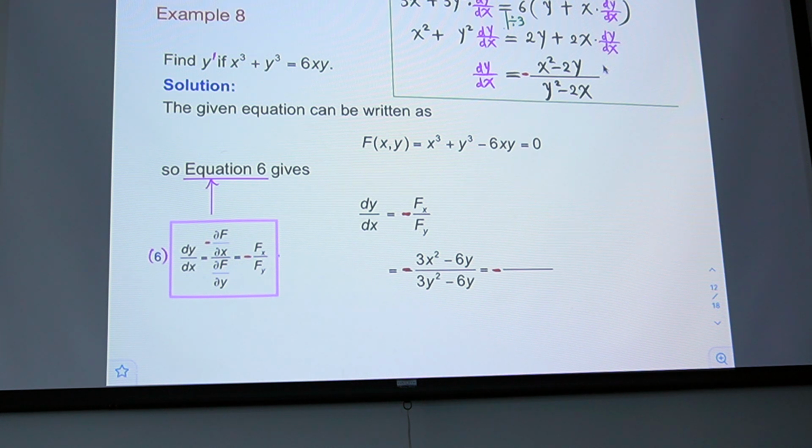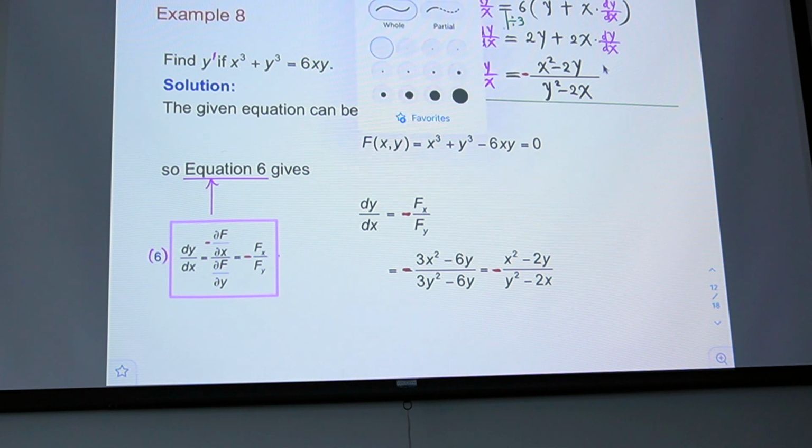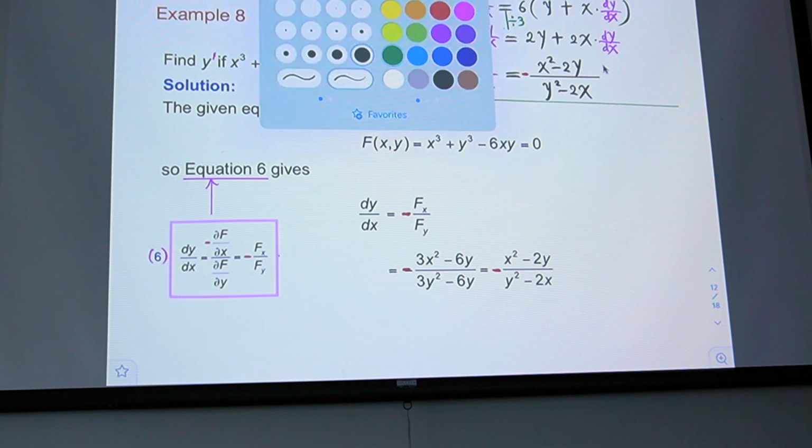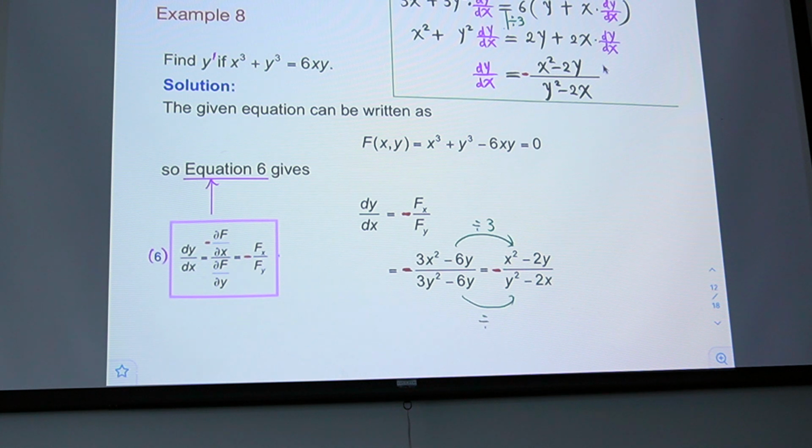Now, if you simplify this, dividing up and down by 3, is it the same result that we got? From here to here, we just divide by 3, up and down.